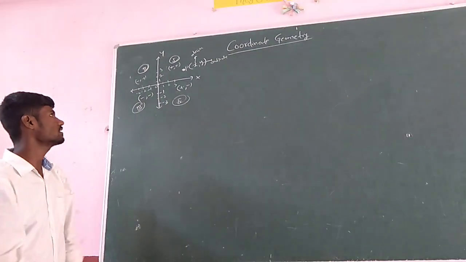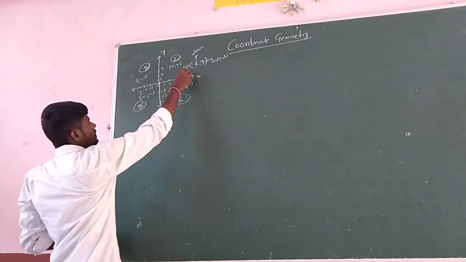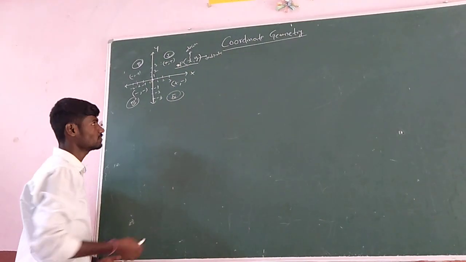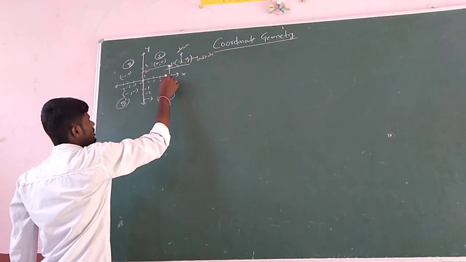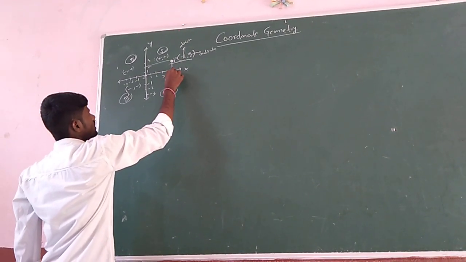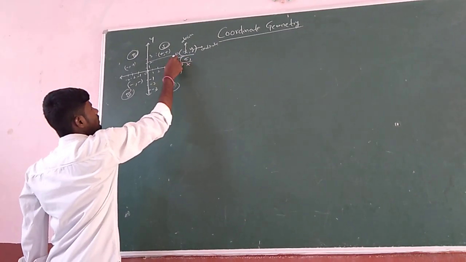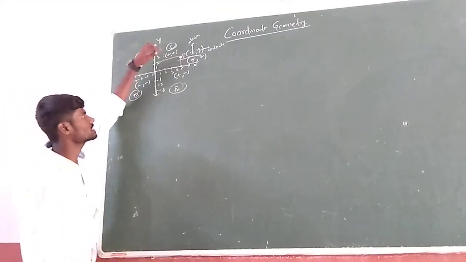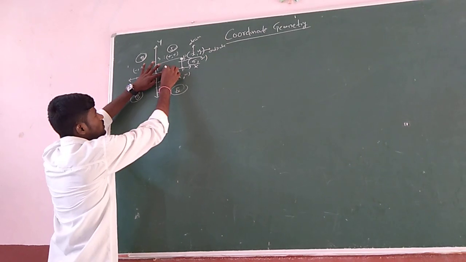If we observe here, suppose I am taking a point P, it has some x coordinate and some y coordinate. How can we denote it? We can take perpendiculars onto the x axis and onto the y axis. Suppose the x value is 5 and the y value is 2, so P is (5, 2). Suppose that point lies exactly on the x axis, say at x value 2.